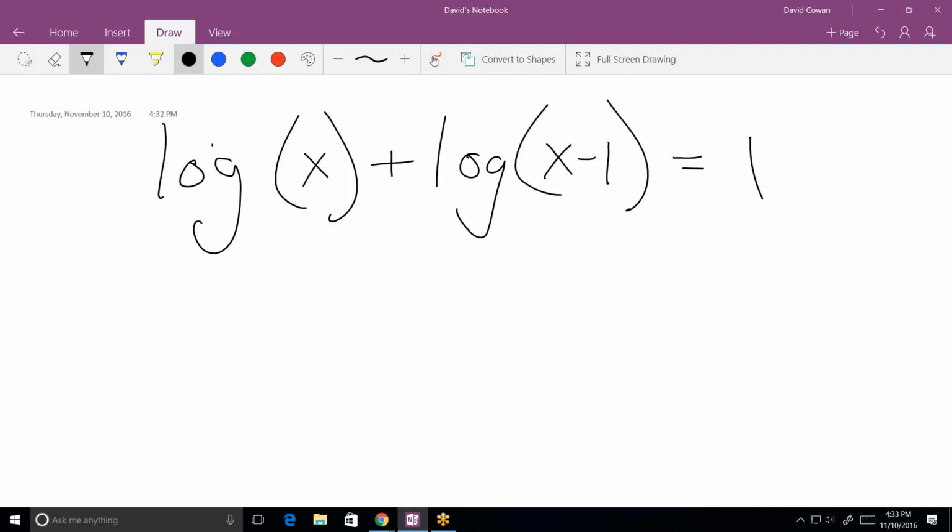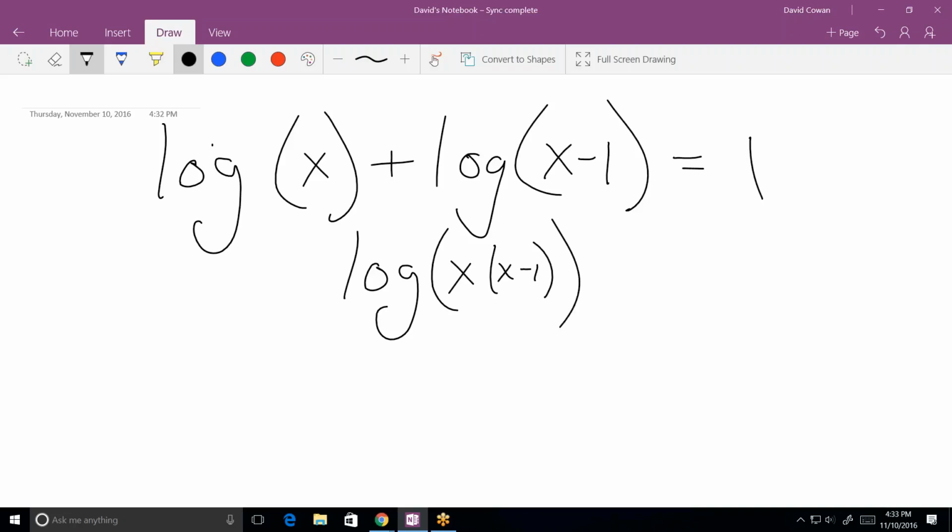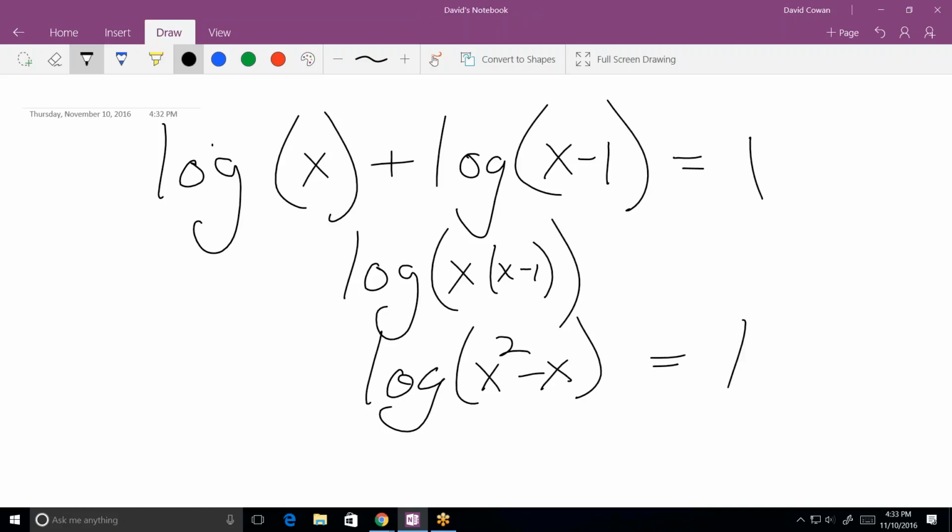Well, I have to multiply these two numbers, so it's this, right? That's the left side. And that is the log of x squared minus x. So we have that equaling 1.